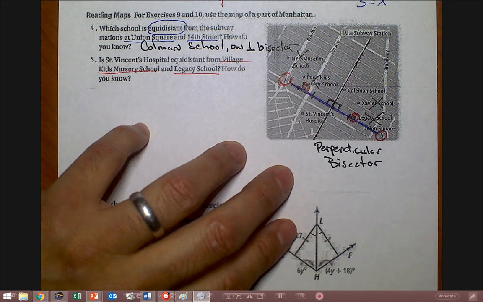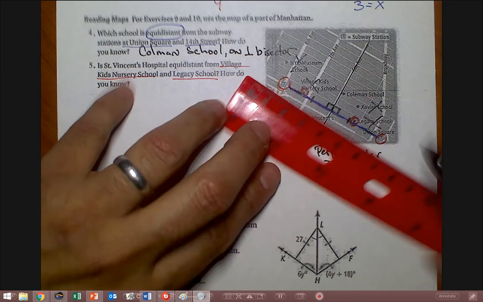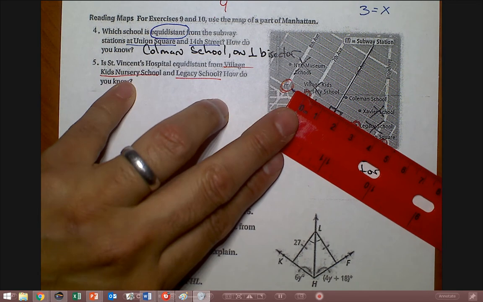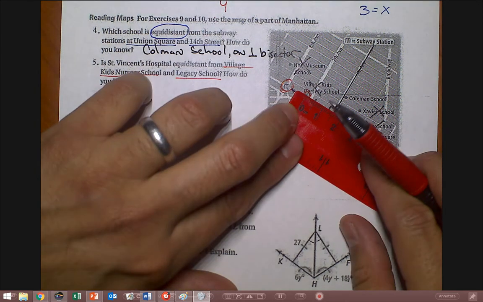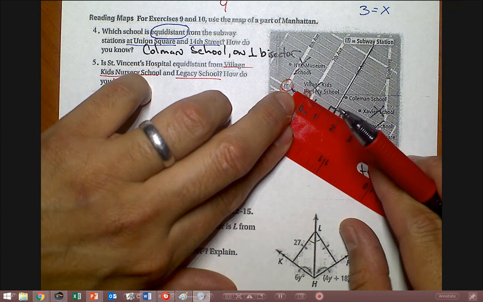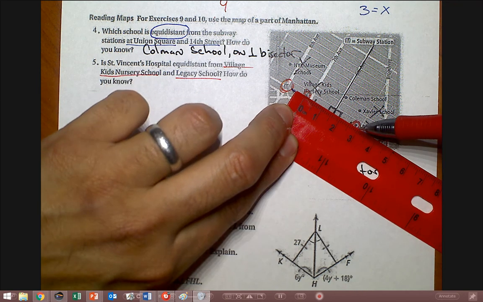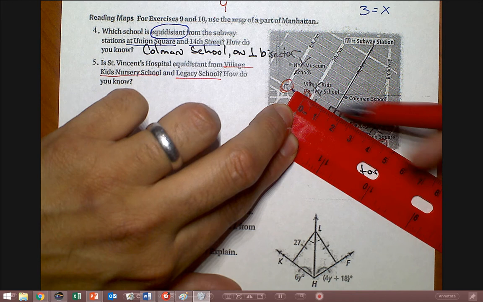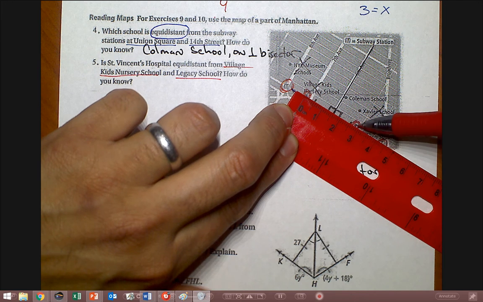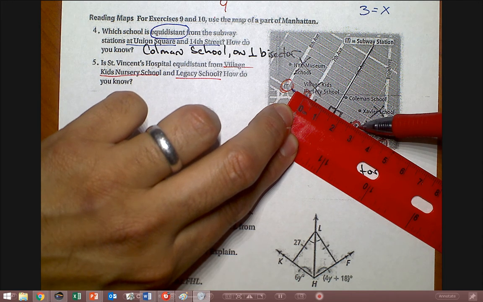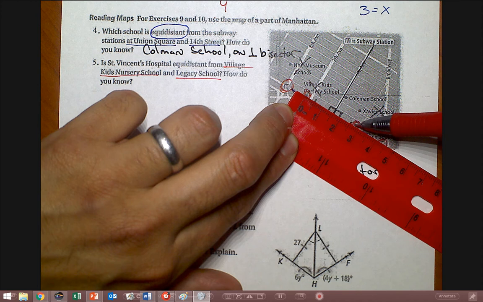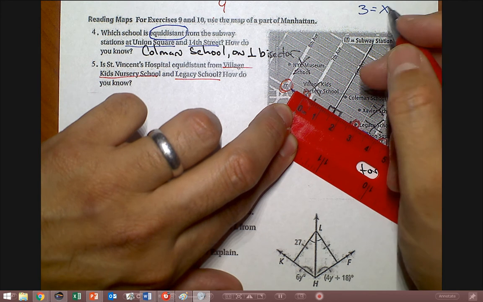So let's figure out how far those are apart. Using centimeters, I got almost 3. If it's almost 3 divided by 2, it would be a little bit less than 1.5.